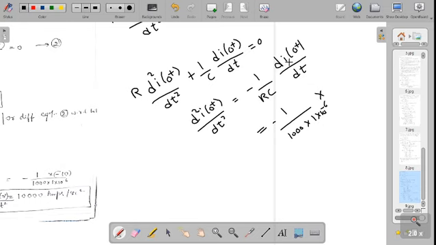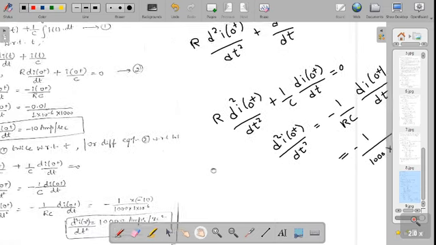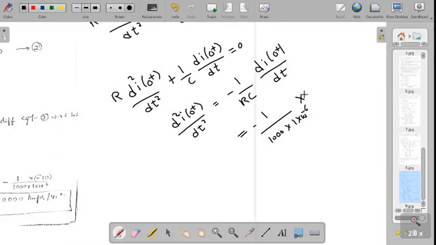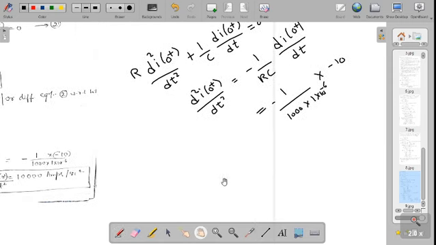What is the first derivative of current which you have found out? So it is minus 10. Okay, into minus 10. So the answer for this turns out to be 1 followed by 4 zeros ampere per second.